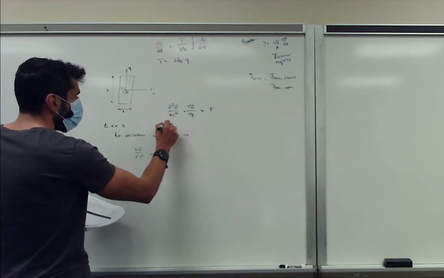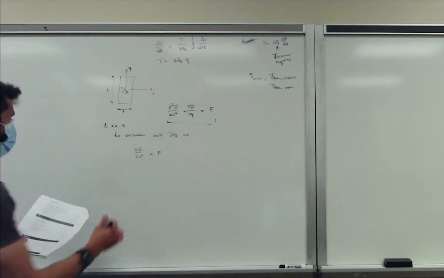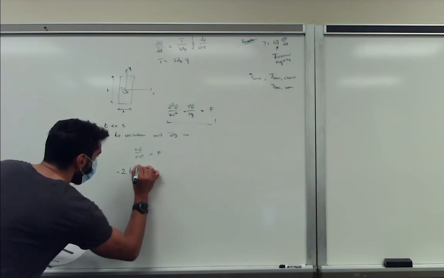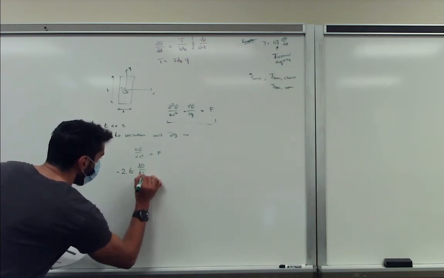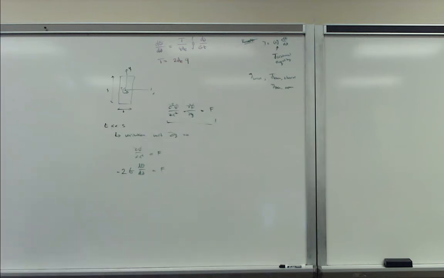Eventually we took this equation and we rewrote it to 2 times G d theta dz is equal to F. This is basically from our solid section.